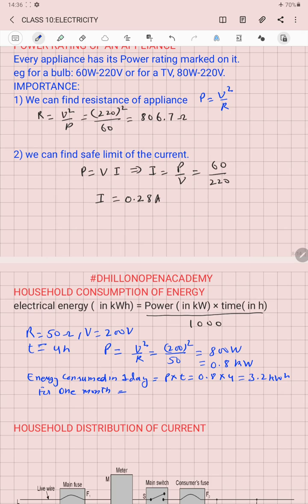For 1 month, how much will it be? 3.2 into 30, that will be equal to 96 kilowatt hour. That means 96 units of energy have been consumed.